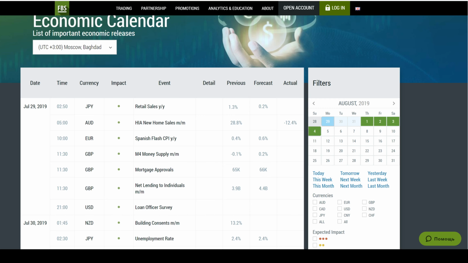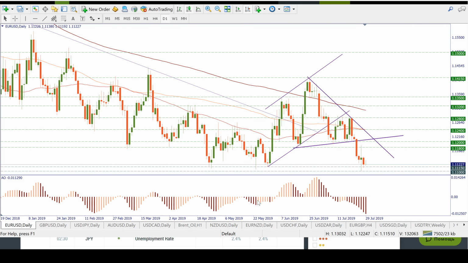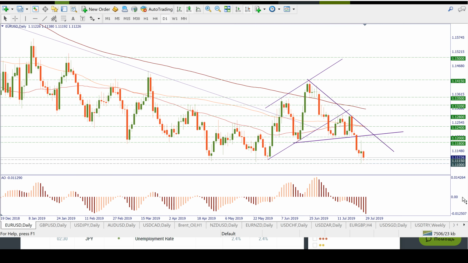So here we see that euro dollar is trading on the downside, close to the support area of 1.1115, and the odds are that the euro will stay under pressure and that the USD will try to pierce these levels and get lower to the areas of 1.1050, 1.10.